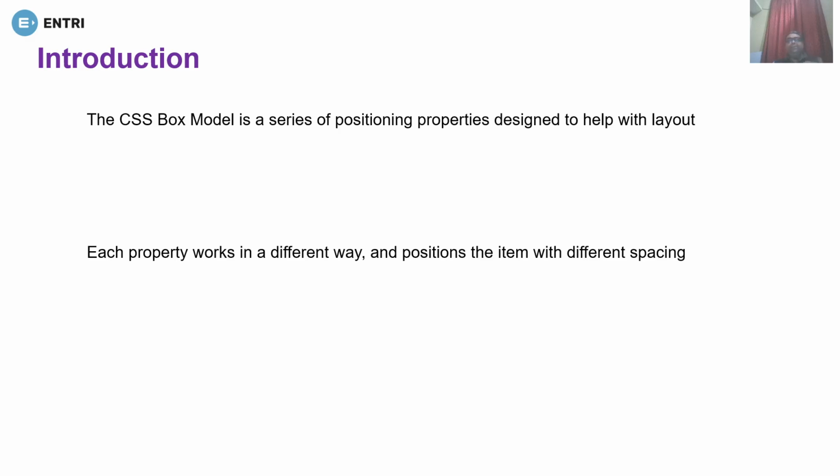Now, we have different layers of component properties. Every layer will have a different positioning scheme, you can say, but every property works in a different way and positions the item with different spacing.